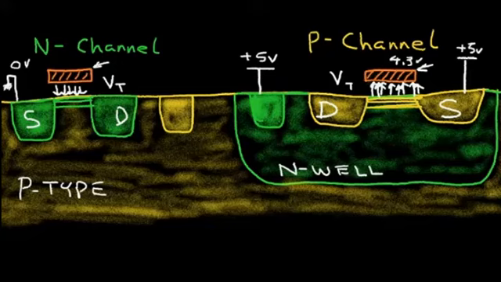The N channel actually has a slight advantage over the P channel because there's a mobility term in the channel region that we call mu, and we presented that in a previous equation. And in the N channel, the mobility is greater than the mobility mu in the P channel.